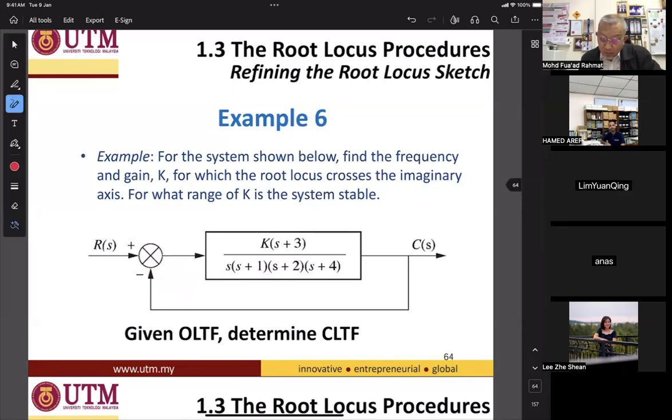This example requires us to analyze this model, which is the open loop transfer function with unity feedback.